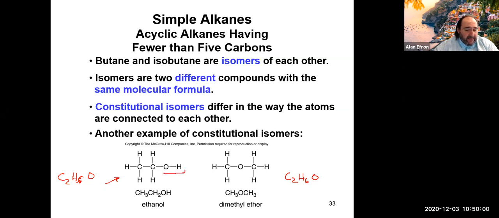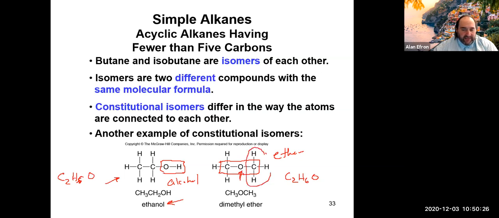The guy on the left here has the OH group, which, as we talked about, is an alcohol, and it obviously has a name known as ethanol. The guy on the right actually has the carbon, oxygen, carbon functional group, which is an ether. And this is dimethyl ether. The way we get that name is you go to the oxygen, you find the group that's to the right.